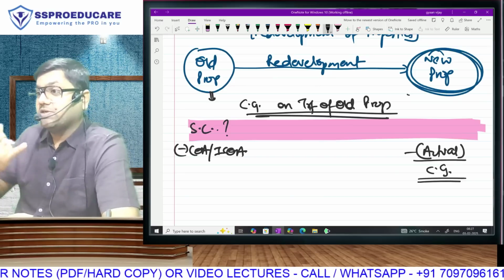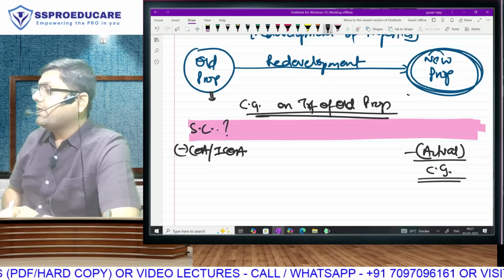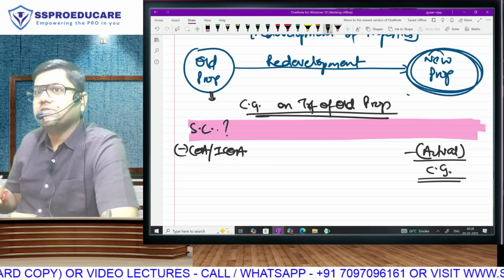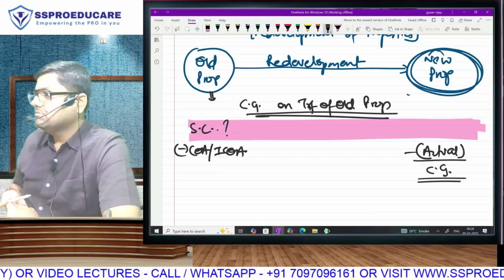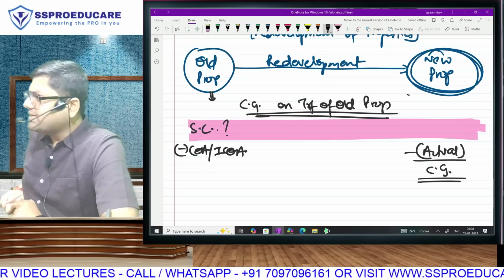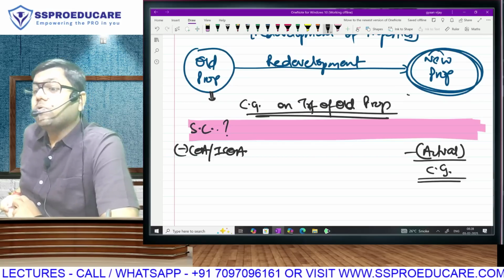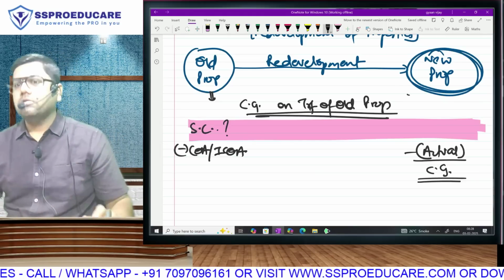See, don't say rent, because he can give you rent or shifting charges. He can give you anything. You know what? Developers give you 1 month brokerage also, because they know that wherever you shift, you have to pay rent and brokerage. So, monetary consideration. Is that it? No. Plus the new property's value. You understand? That is the answer.